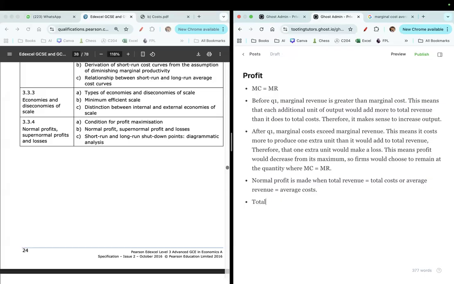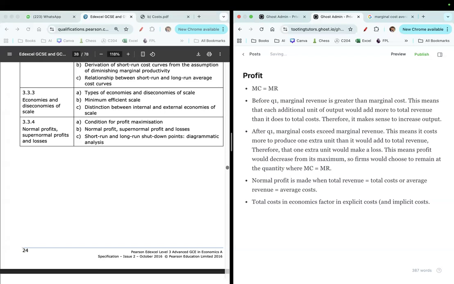So total costs in economics factor in explicit costs and implicit costs. You might never have heard these words before, but it helps to understand it much better. Explicit costs are obvious costs.